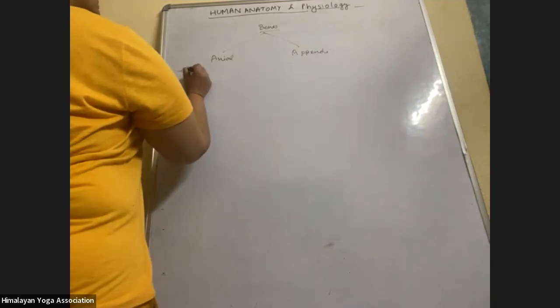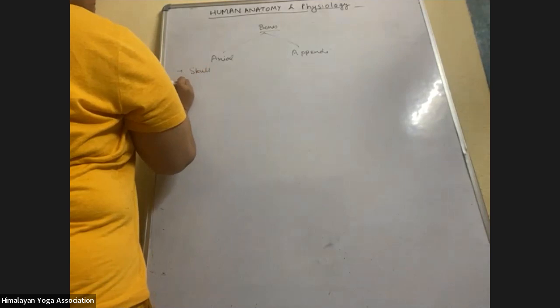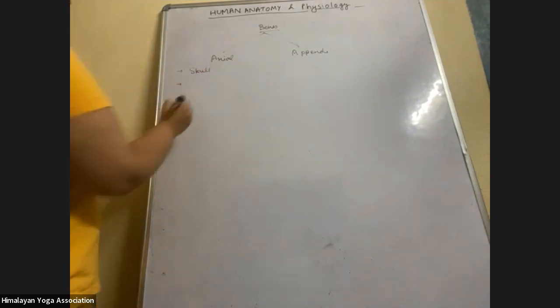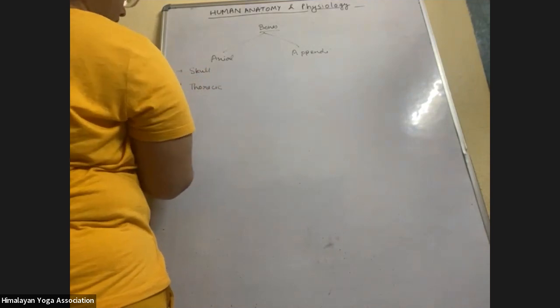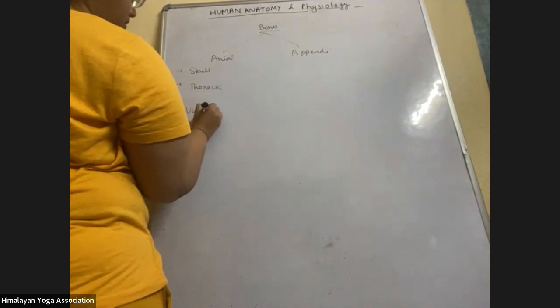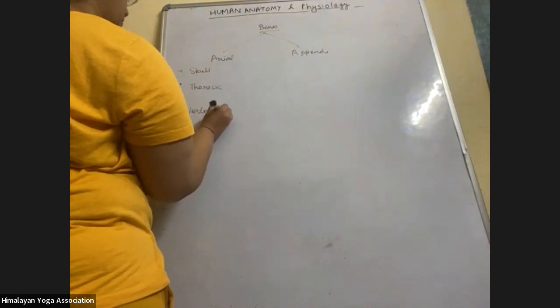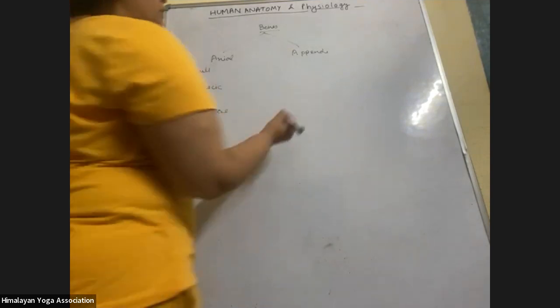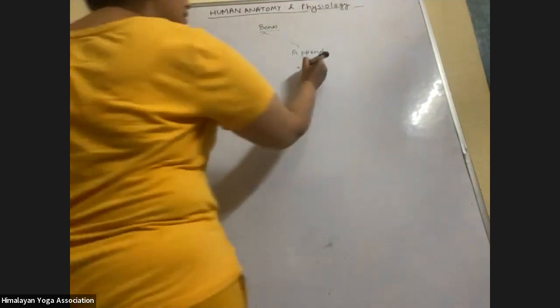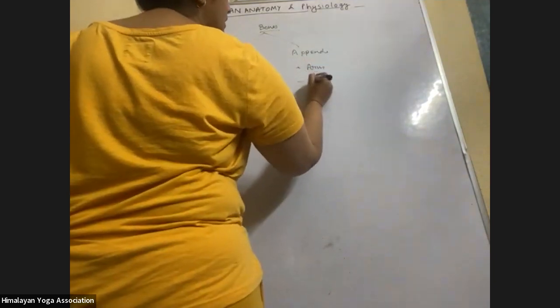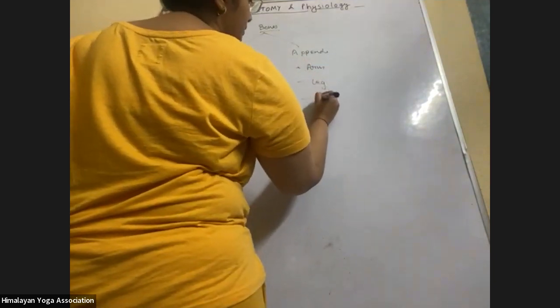Skull. Ribs. Thoracic cage. Spinal cord. And vertebral. Yes, very good. Okay, appendicular. Arms, legs, pelvic girdle, pectoral girdle. Yes, very good.